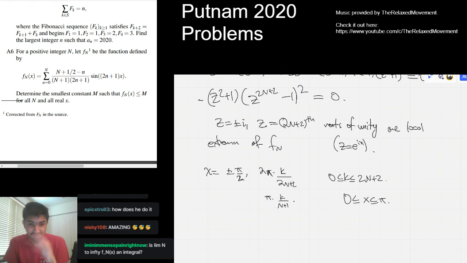So we found the potential extremums, yet we're still dead in the water because I have no idea how to evaluate f sub n at a root of unity. What? I bet some Fourier analysis thing is why this works. Like f_n of some rational multiple of pi is somehow guaranteed to be small.